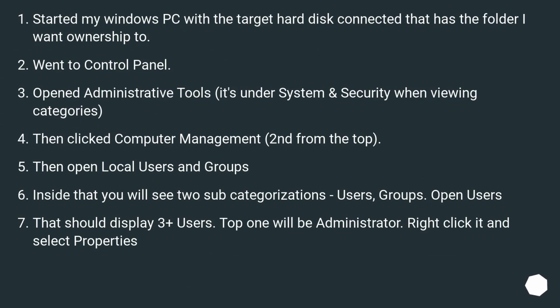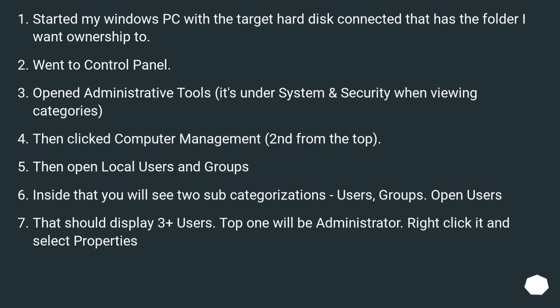Started my Windows PC with the target hard disk connected that has the folder I want ownership of. Went to Control Panel. Opened Administrative Tools, it's under System and Security when viewing categories. Then clicked Computer Management, second from the top. Then open Local Users and Groups.